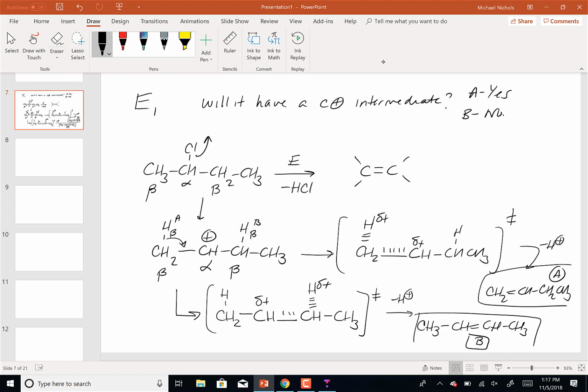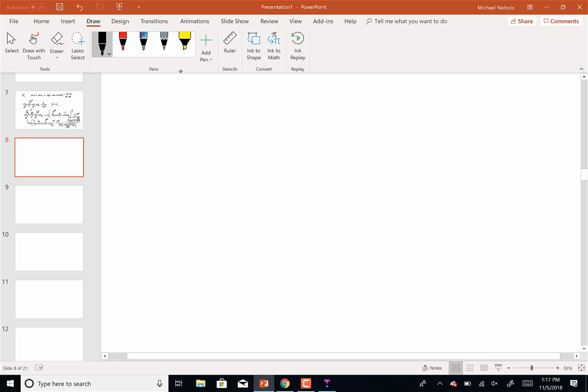So how do double bonds become more stable? Double bonds are electron withdrawing groups. They love to get electron density. The more electron density you can put into a double bond, the more stable it will be. How do we do that? Well, how many times have we done this in the past, 3 months, 2 months? We've said if you have an alkyl group, the hydrogens are all delta positive, the carbons are all delta negative, and what does that carbon with the delta negative charge do?